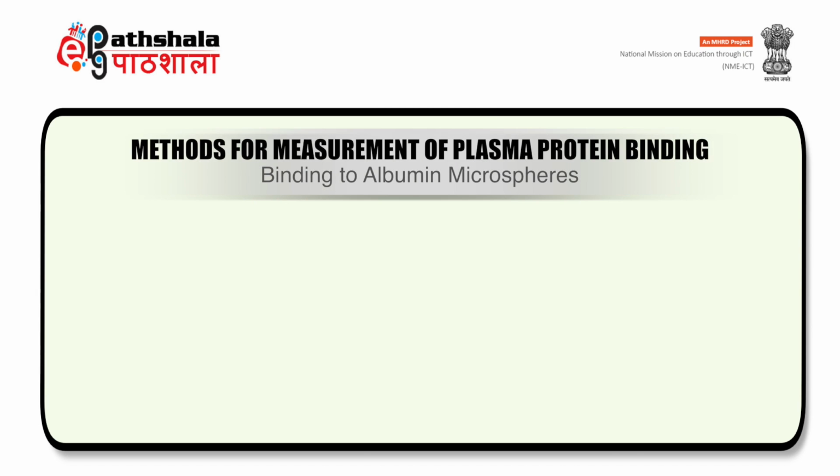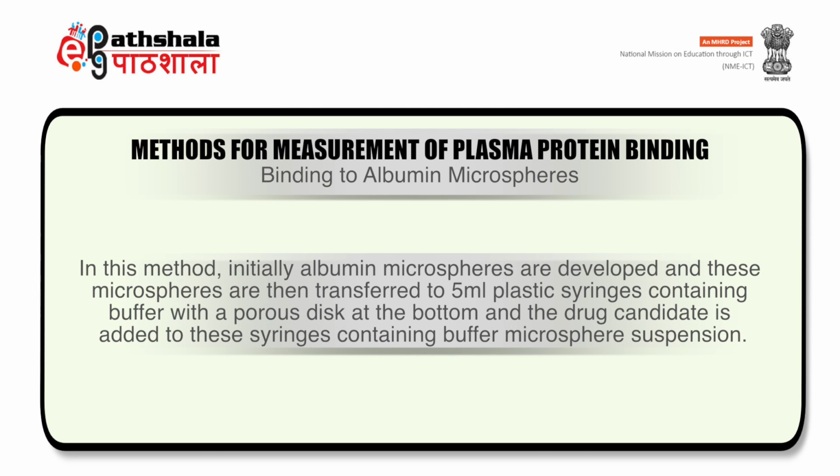The next method is binding to albumin microspheres. In this method, initially albumin microspheres are developed and these microspheres are then transferred to a 5 ml plastic syringe containing buffer with a porous disc at the bottom, and the drug candidate is added to these syringes containing the buffer microsphere suspension.